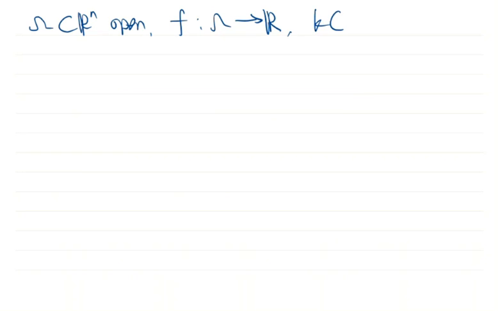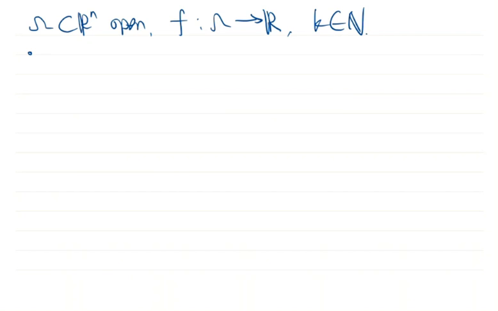Now we have some important notation. So omega is open. F is a function on omega, and k is a non-negative integer.